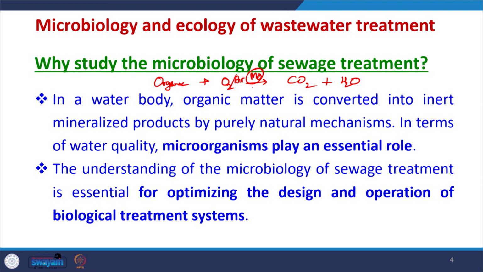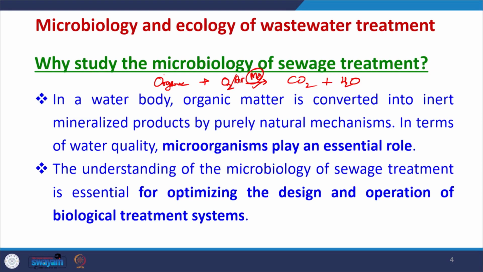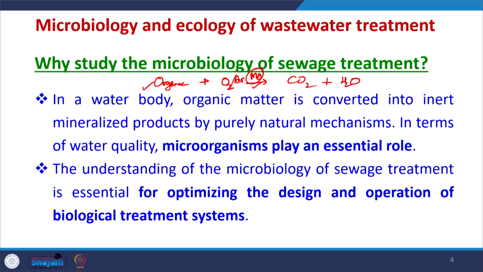Now, the role of microorganisms is very important during this degradation process. It will depend upon what type of organic compounds are present in the water, whether they are highly aromatic or aliphatic, whether they contain halogens or not, what type of other elements are present, whether sulfur is present or not.